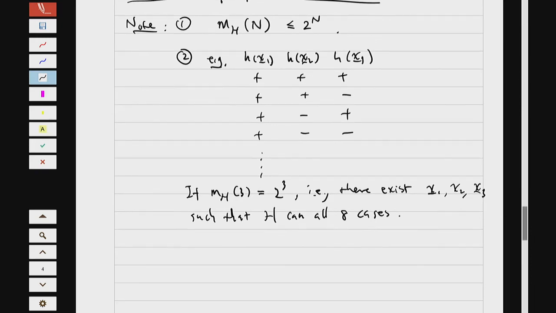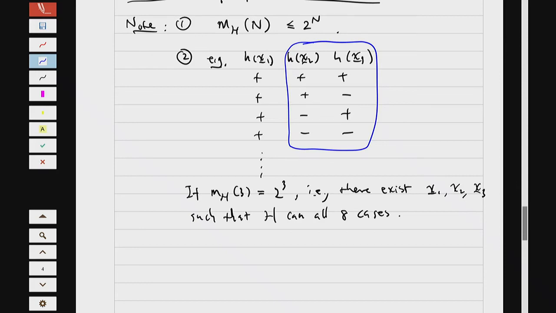I claim then that m_H(2) is also going to be equal to 2 to the second power. Why is that? If I just look at these 2 points, if I can generate all 8, then I can certainly generate those 4 with those 2.